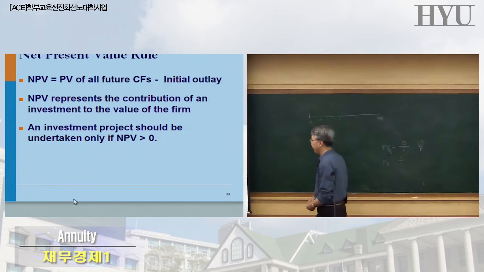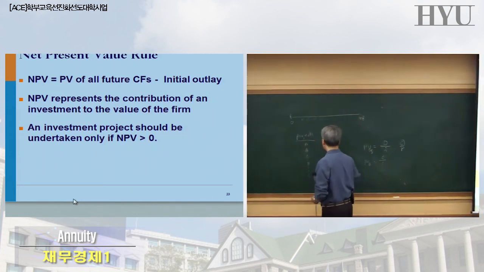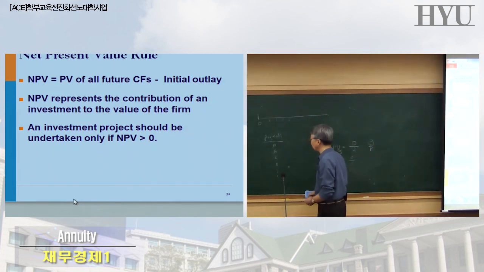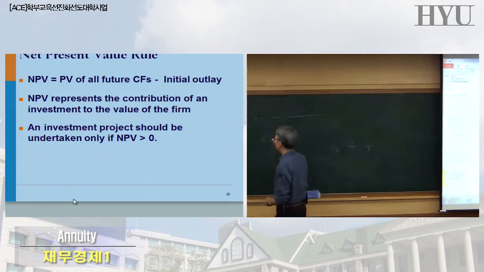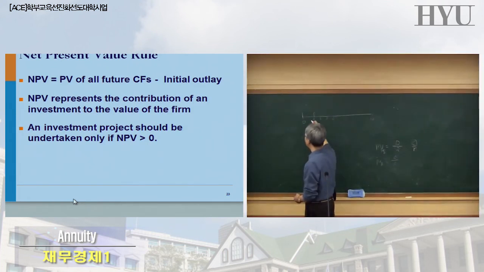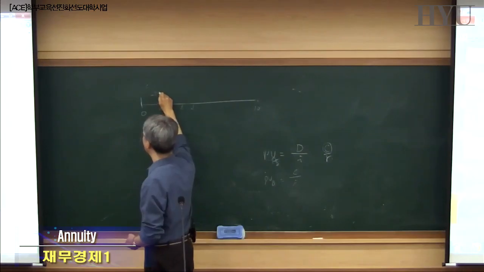Okay? And that is, well, what present value do you expect from this investment? Let's say if you invest in this project, you can expect to reap the benefit for the next 10 years. Okay? And the first year may not be that great, maybe even negative $22 million. Okay?